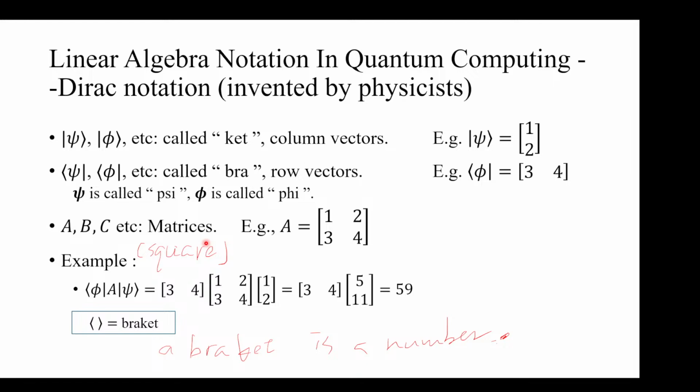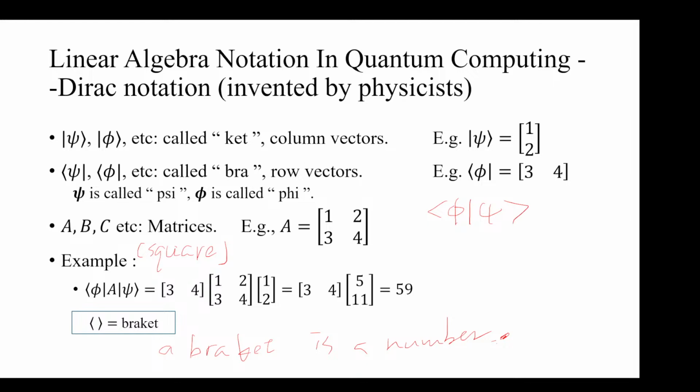I want one more example here. Something lazy we can do is have just a row vector multiply a column vector. So we can have this bra phi times ket psi.